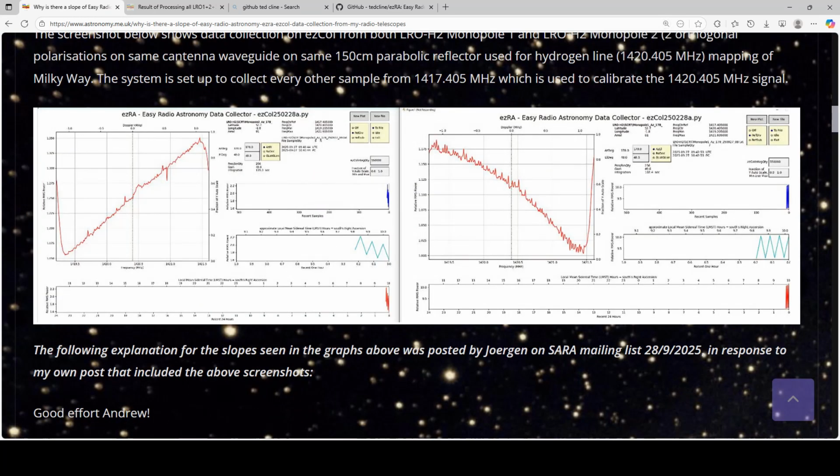Okay, so what I'm trying to do is see if I can improve the sensitivity of the hydrogen line radio telescopes I've got. Remember, I'm using a 150 centimetre solar cooker dish, which is basically a lightweight steel sheet composed of about six segments that are just screwed together.